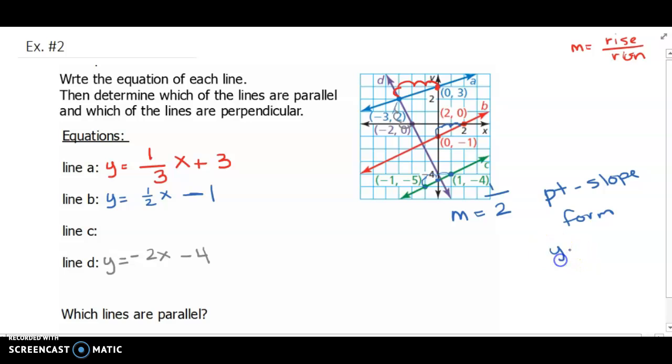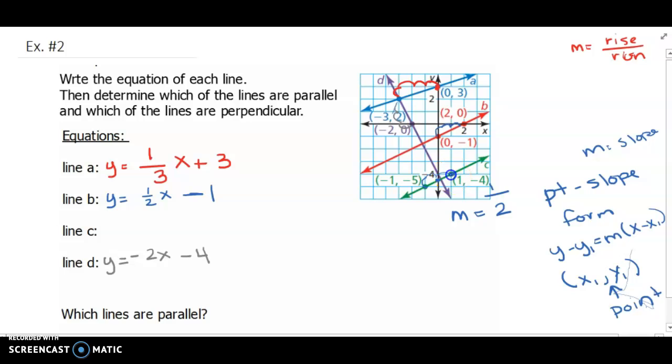Point slope form is y minus y1 equals m times the quantity x minus x1. Your x1 and your y1 is just a point on that line, and your m is your slope.